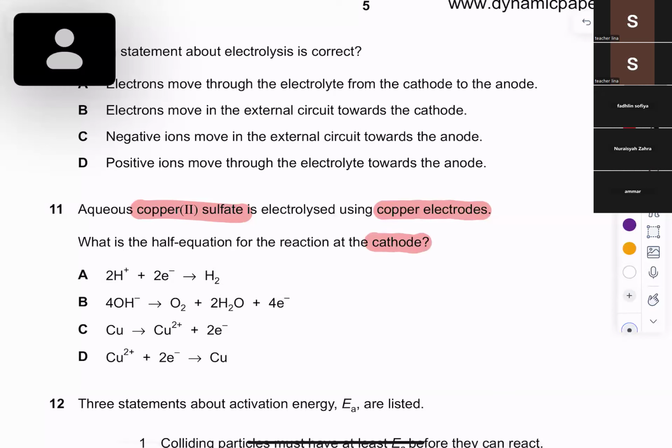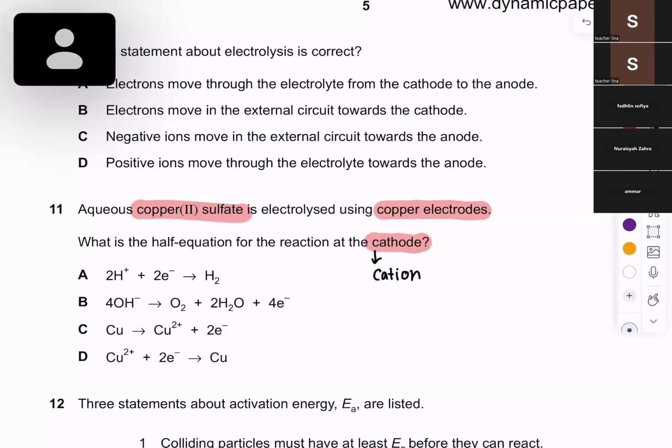In my notes, when I teach electrolysis, I said that the cathode always attracts cations. I know some of you just memorize positive attracts negative, negative attracts positive. Yes, that can work.